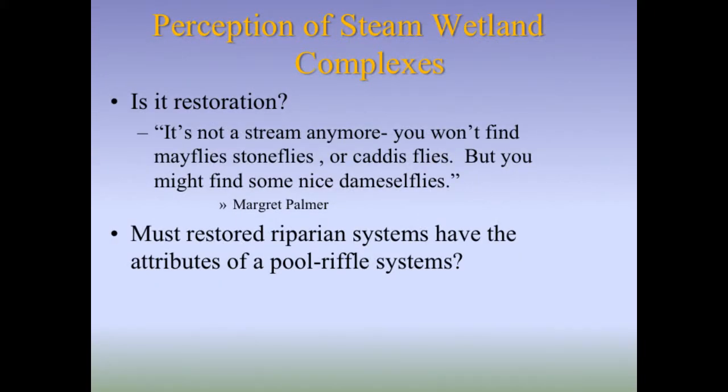And so the question comes down to: do you have to be able to find stoneflies in a restored system for it to be a successful restoration? And must we also have riparian systems that have attributes of pool-riffle systems for it to be a successful restoration? For example, we found this mass of salamanders in our anabranching system, and are stoneflies necessarily better than this in terms of habitat function and water quality indicators?